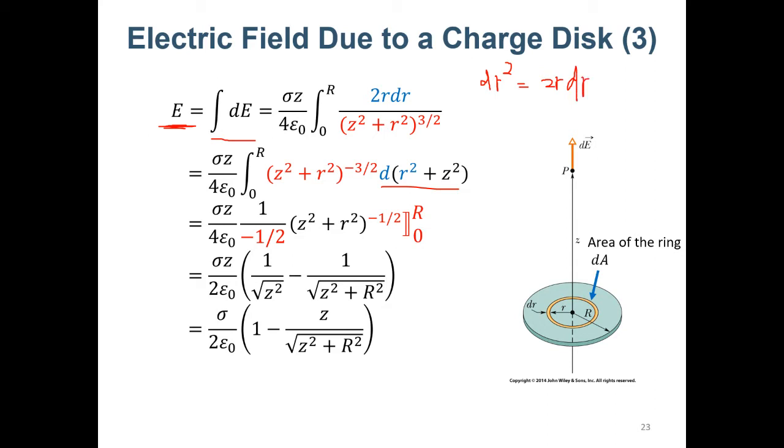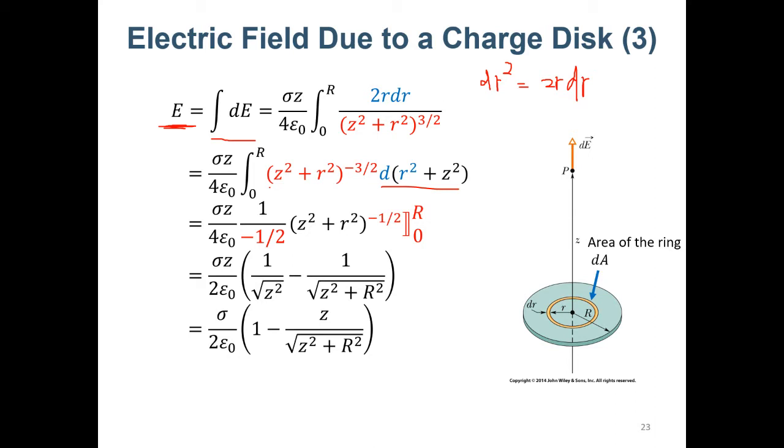So z squared is a constant with respect to r, so we add a constant to here. So this one is this one. Okay, so this term to 3/2 power in the denominator, so that we make it minus 3/2 power. So the red term like this, the green term like this.